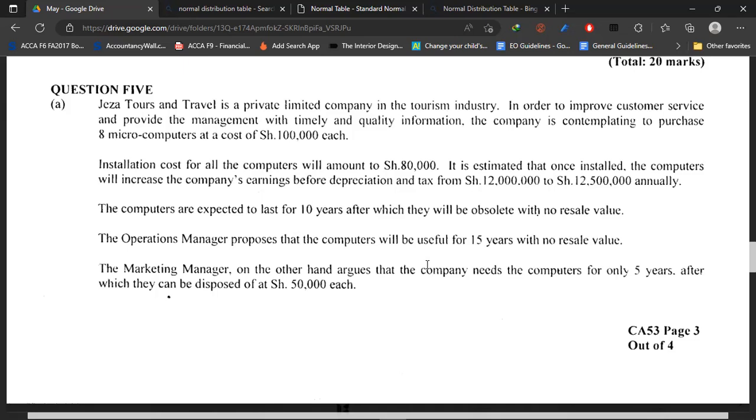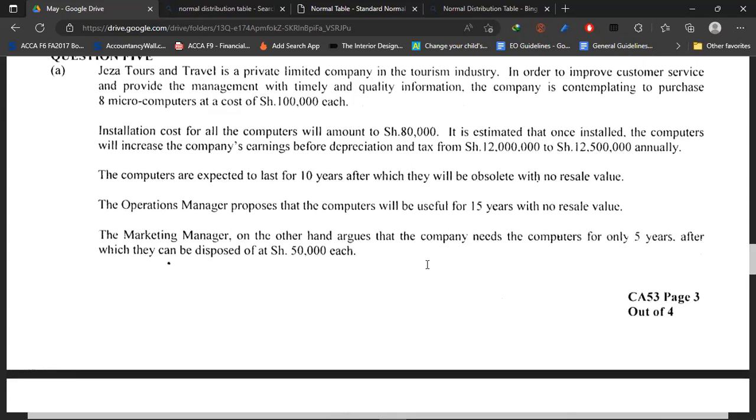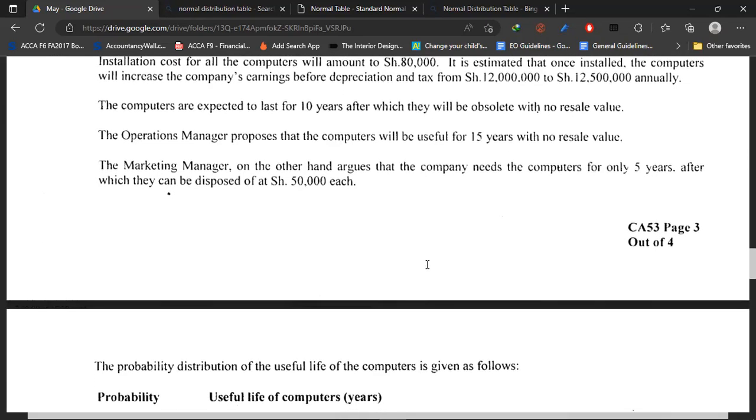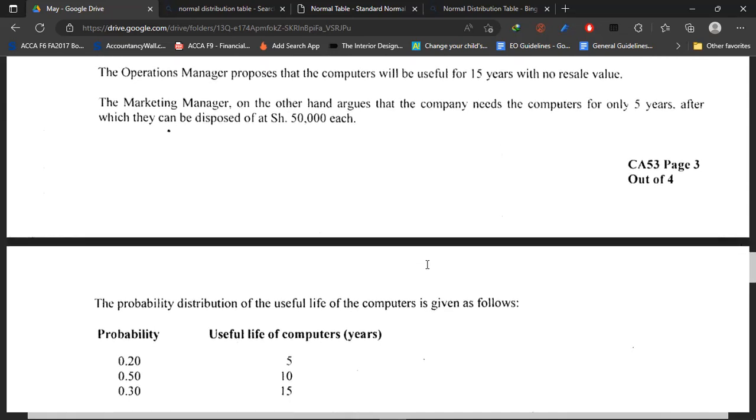The marketing manager urges that the company needs the computers for only 5 years, after which they can be disposed of at 50 shillings each.